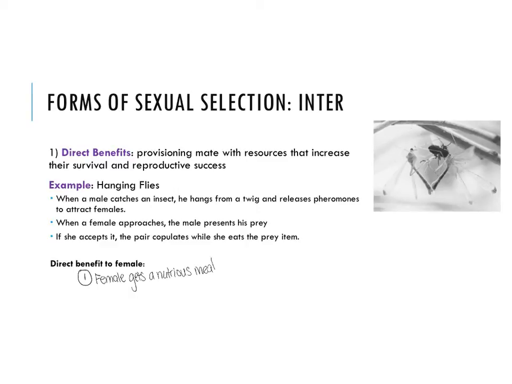And related to this, the female is saved time and risk of having to hunt herself. So two related benefits to the female that are direct, right? They impact her survival and reproduction, okay?